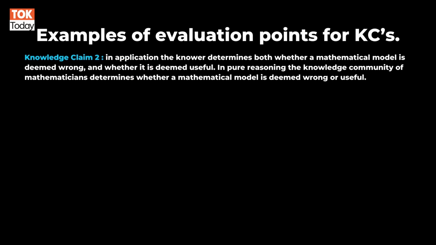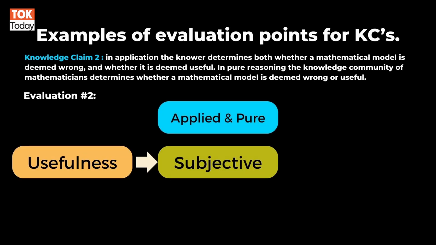And if so, why are there models that lack usefulness or are misused or are essentially wrong? Knowledge claim 2 is that in the application, the knower determines both whether a mathematical model is deemed wrong and whether it is deemed useful. But in pure reasoning, the knowledge community of mathematicians determines whether a mathematical model is deemed wrong or useful. Now, this knowledge claim may make a distinction between applied and pure maths, but in ToK, the same argument is being made in both disciplines.